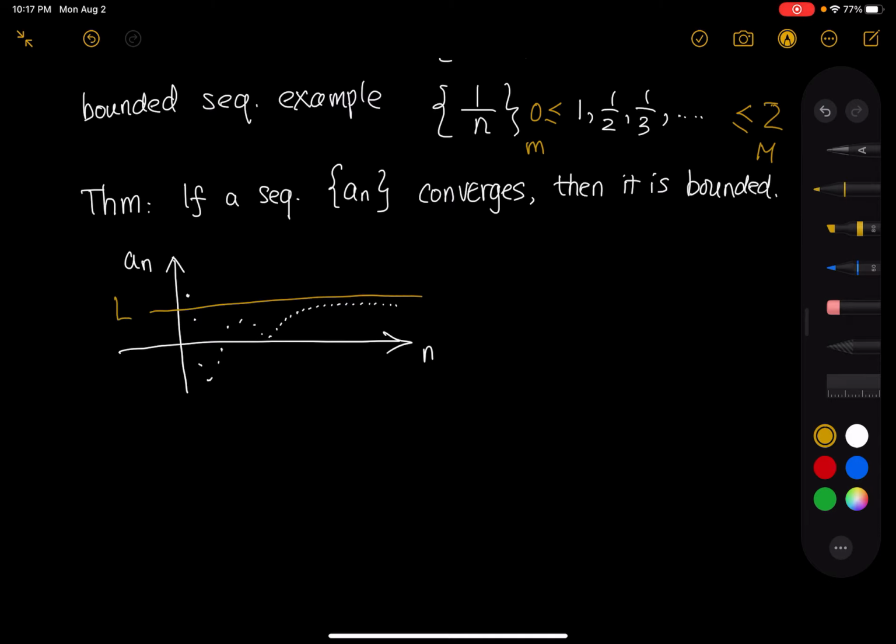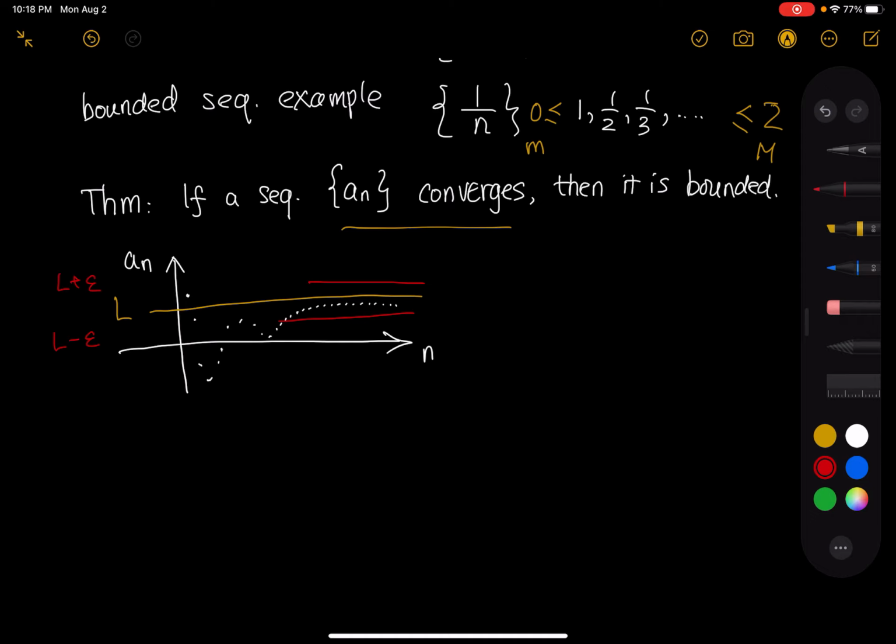That's my L line. We call this a_n converges. Then it must be bounded. Why? The tail is always within epsilon of L, so it's between L minus epsilon and L plus epsilon. That's the definition of convergence. So we don't need to worry about the tail.